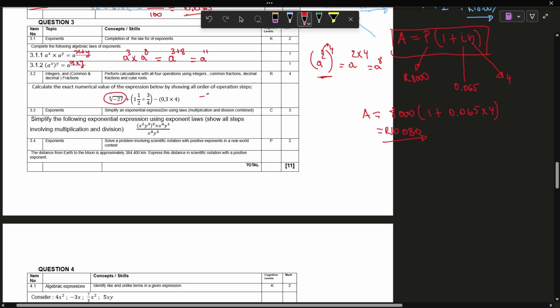So this would be minus 3, because the cube root of 27 is going to give you 3. The cube root of a negative is negative. The cube root of 27 is 3. So plus.